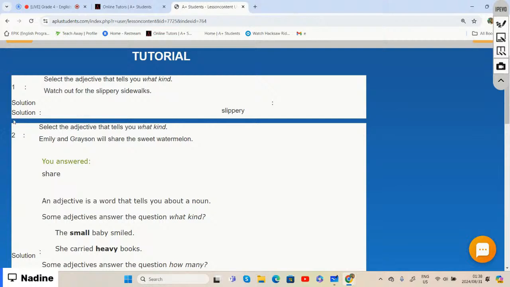All right, so if we look at the activity, it says, watch out for the slippery sidewalk. The question is, what kind of sidewalk? We need to identify the adjective. What kind of sidewalk?